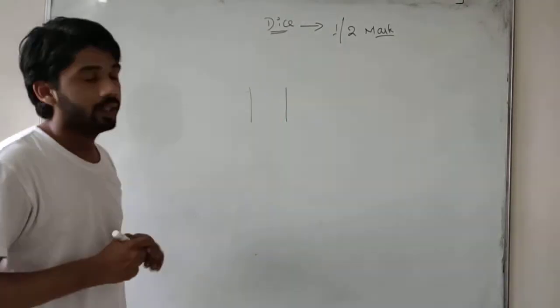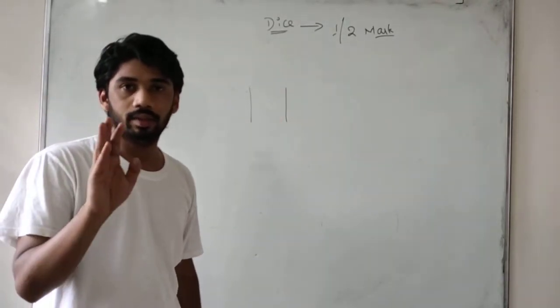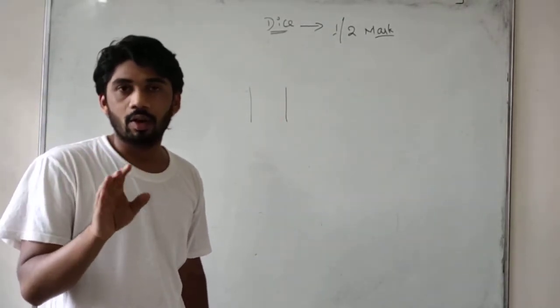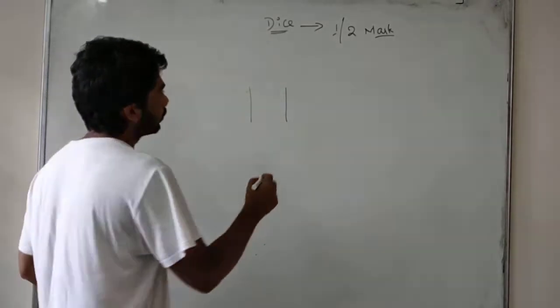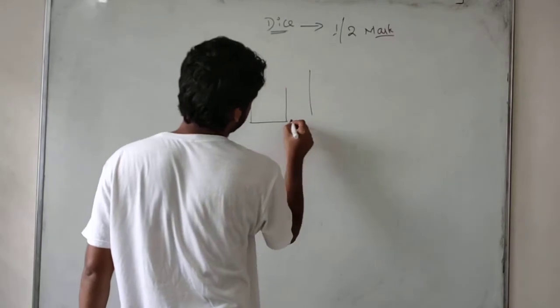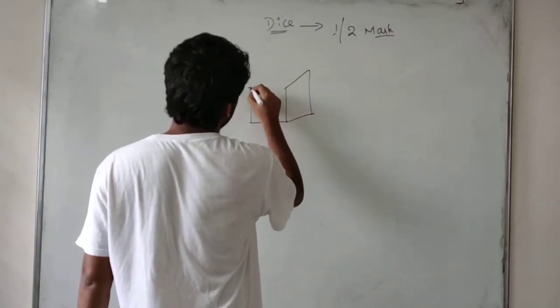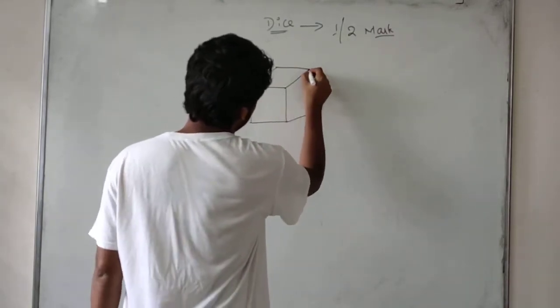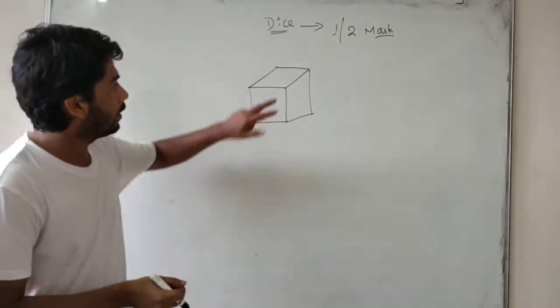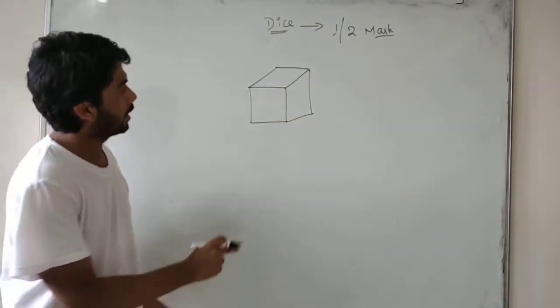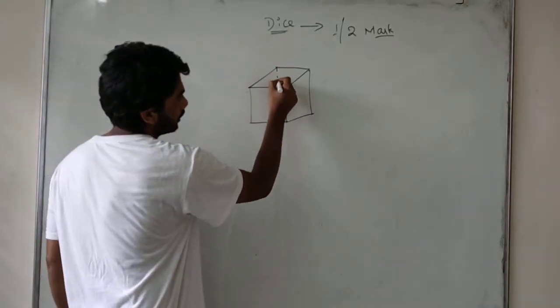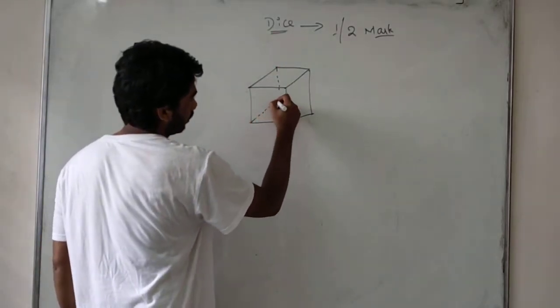Okay. Now dice will be having six faces. Only we can see 3. Other 3 faces are hidden. So dice will be of this type. So students, this is dice. Only 3 faces will be seen. Other 3 faces will be hidden on the back side.